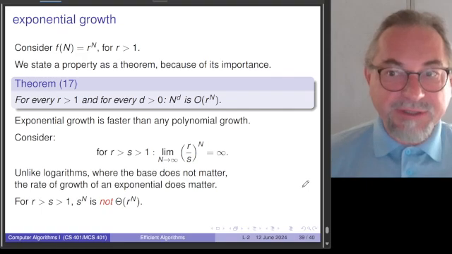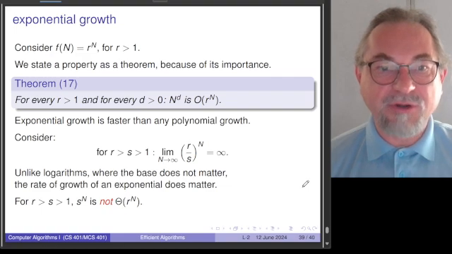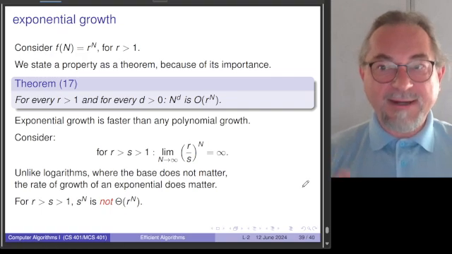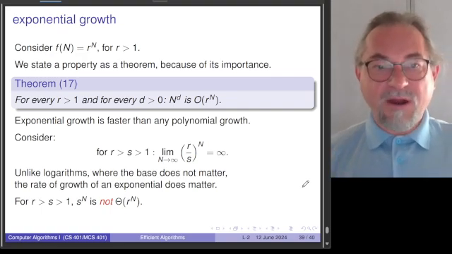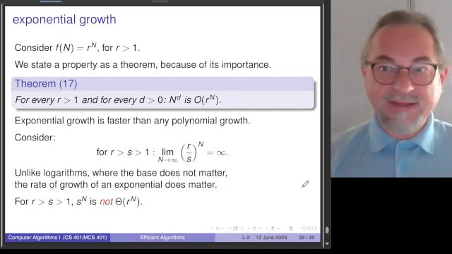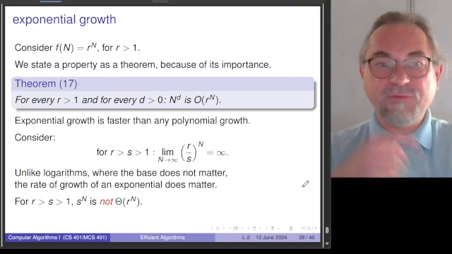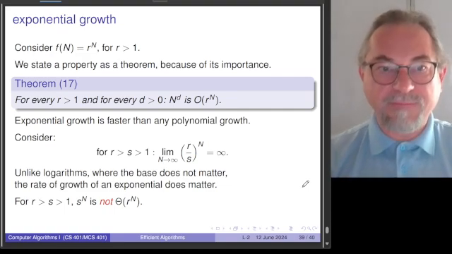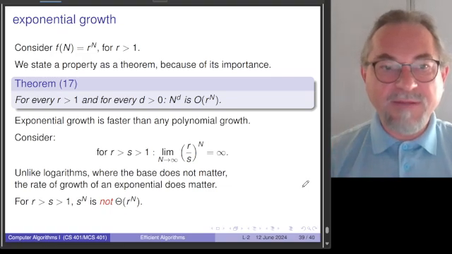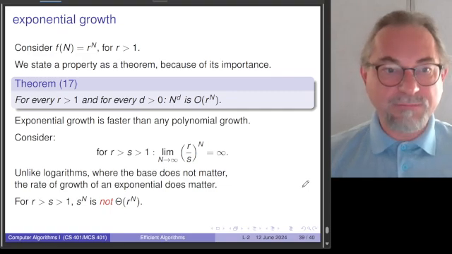The observation that the base matters is because of this limit. We have R and S. If R is larger than S, so you can take R as 2 and S as 1.1, then the ratio with exponentiation will go to infinity. If you flip the roles of R and S, your limit will go to 0.